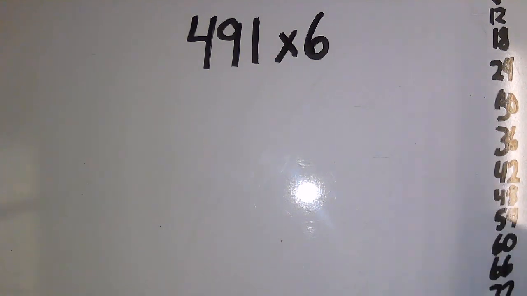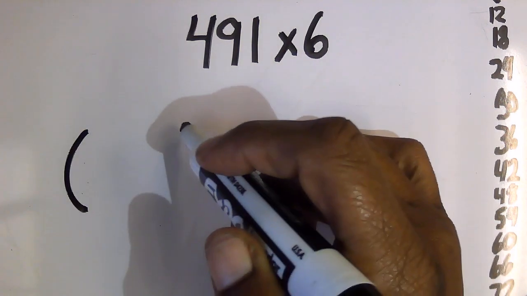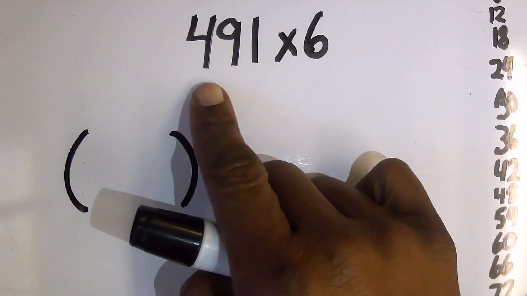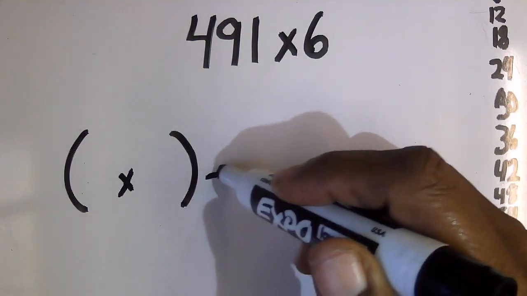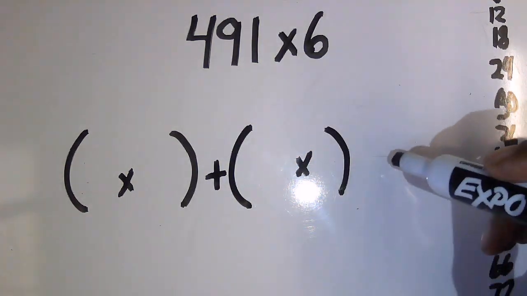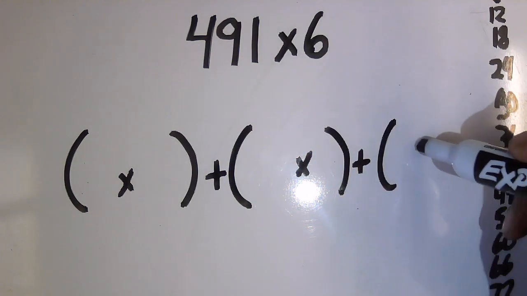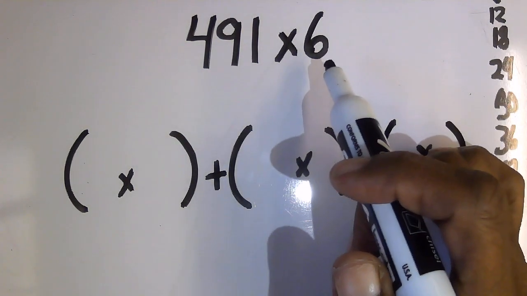Okay, so with this one, I just want to highlight the distributive property. Now this time there are 3 digits, so therefore I need 3 sets of parentheses. And we're multiplying by 6. So that will go first.